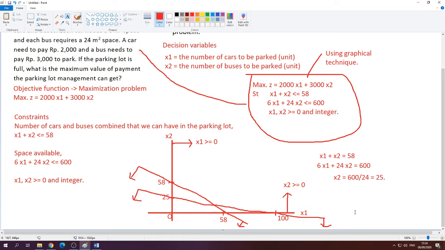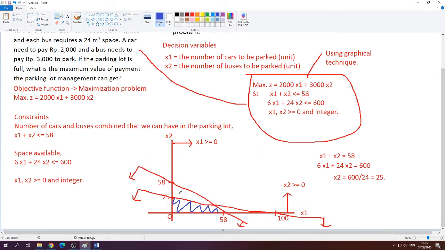So from the plot, it is very easy to see that this is the feasible region. This is the feasible region. This is not the feasible region, because if we pick this one as the feasible region, it will not satisfy this constraint.